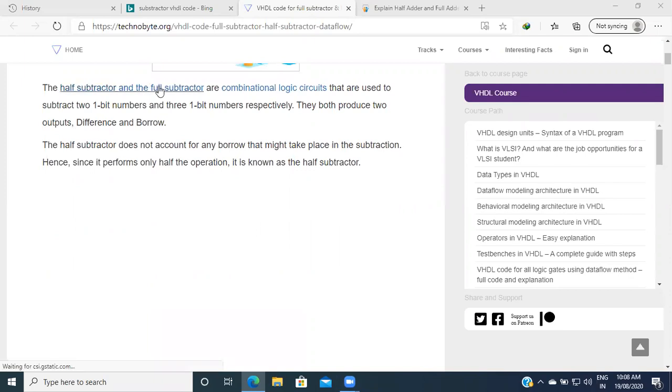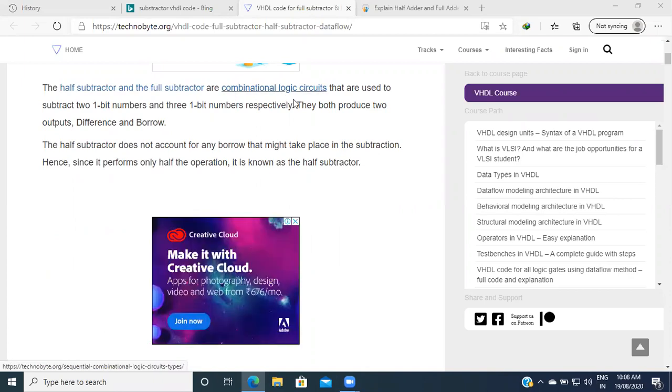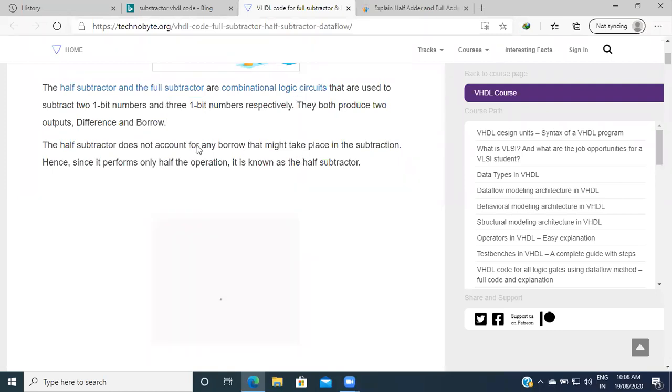The half subtractor and full subtractor are also combinational logic circuits that are used to subtract 1-bit numbers. The half subtractor is for two 1-bit numbers, the full subtractor for three 1-bit numbers. They both produce two outputs, difference and borrow.